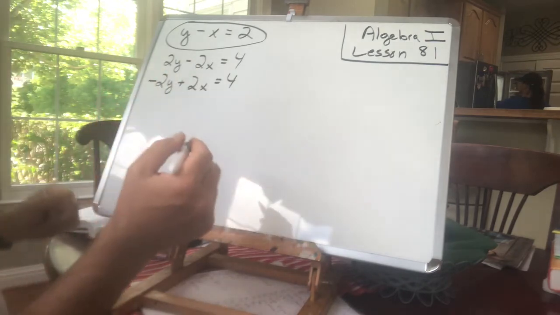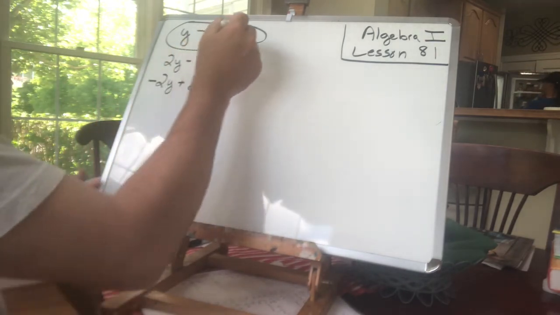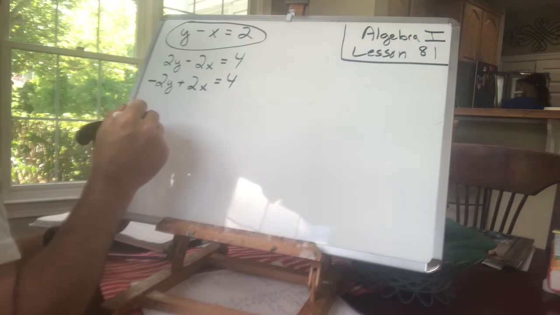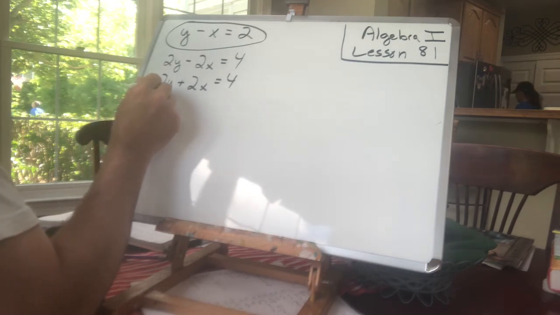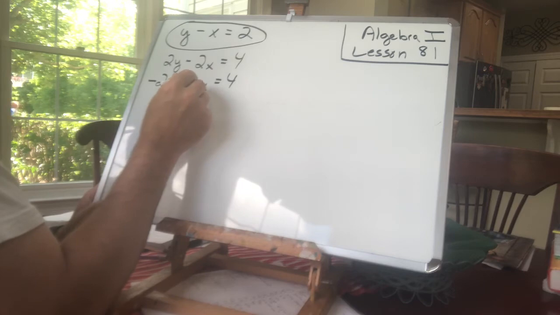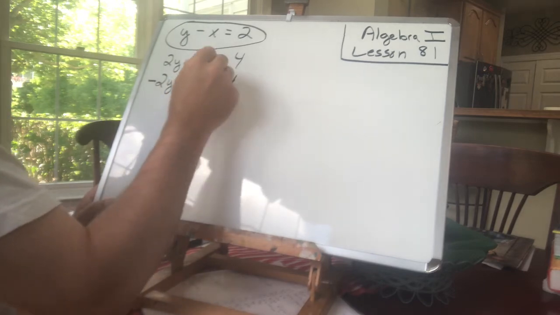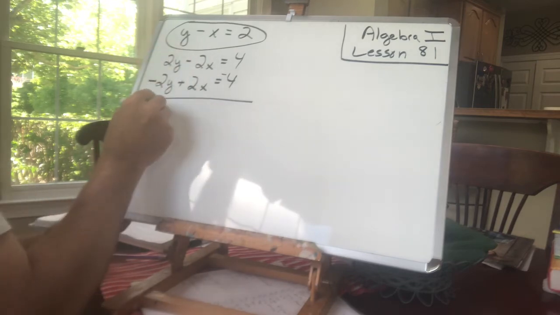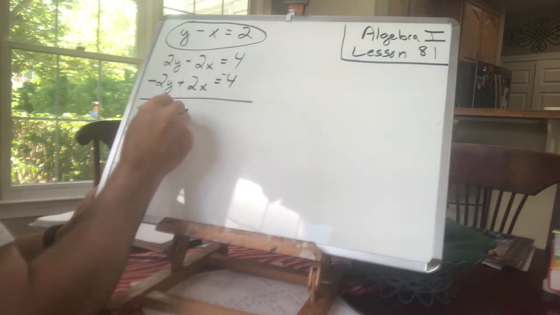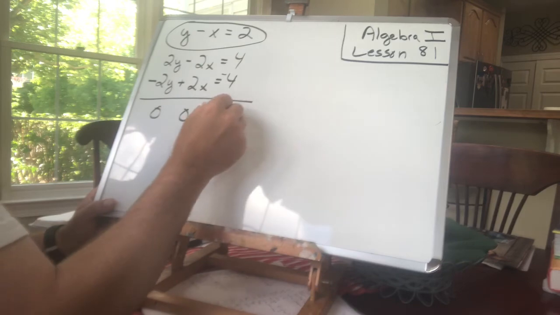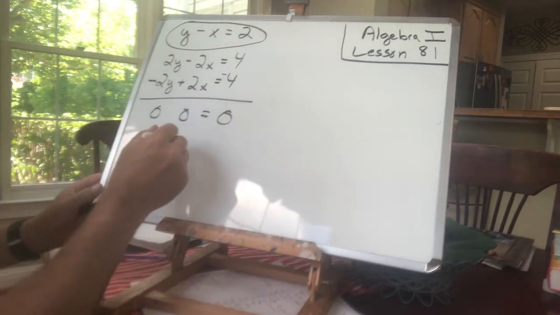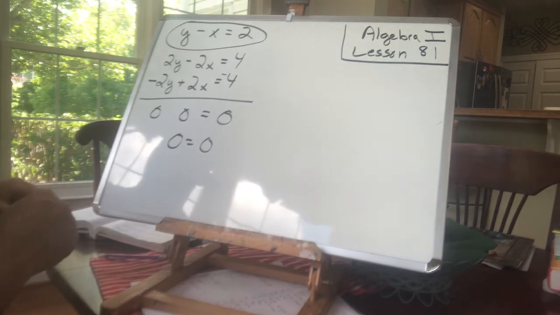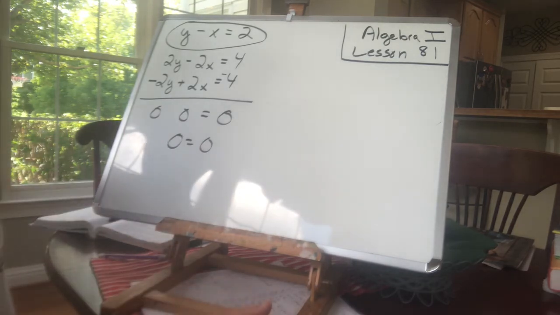So it would be negative 4, right? It's going to give me negative 2y plus 2x equals negative 4. And what do I get? Well, I get 0 there equals 0 there. So 0 definitely equals 0. So yes, it gives me another confirmation.